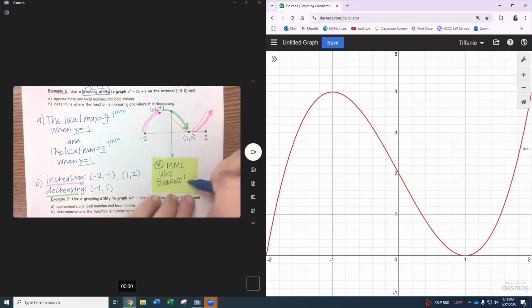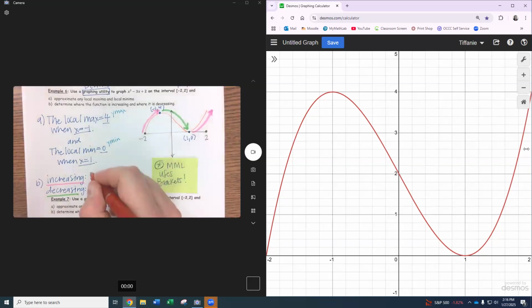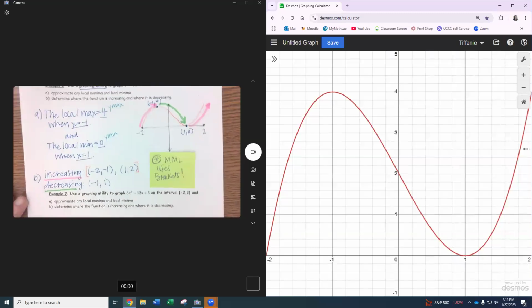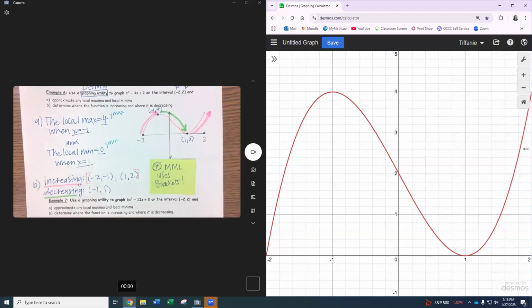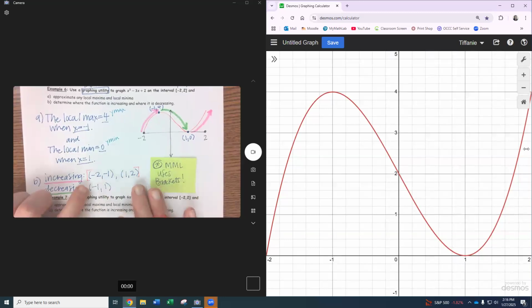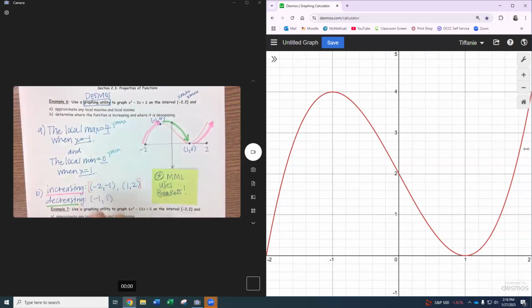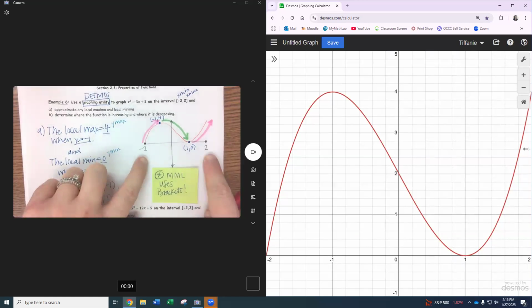And I don't like that because it is not technically right, but they will use those brackets on those endpoints. So they'll put a bracket here and a bracket here. So I don't know why they do that, but we're always going to use parentheses, but when you get to problems like this that tell you to use that graphing utility, that you are going to use brackets on those endpoints there, okay?